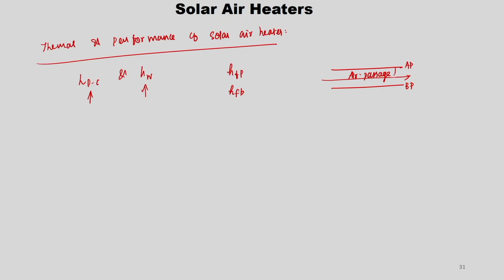HFP and HFB: one is fluid to bottom plate, another is fluid to absorber plate. Other than that, you would be having HR, which is nothing but the radiative heat transfer coefficient.